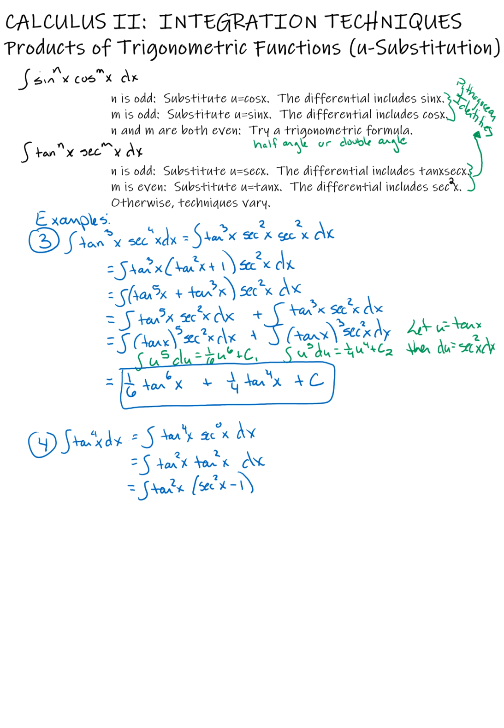Again, be careful with that. Make sure you know where that comes from. Don't try to memorize them all. That can be a little challenging. Make sure you know how to get that. All right, let's see. So we can actually go ahead and distribute this. This gives us tangent squared x secant squared x minus tangent squared x.